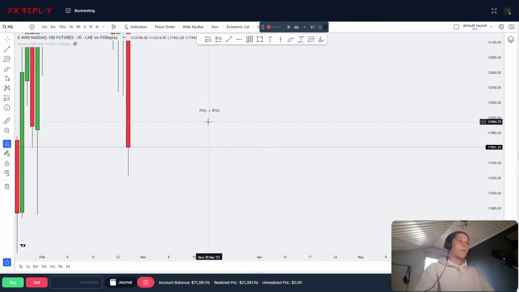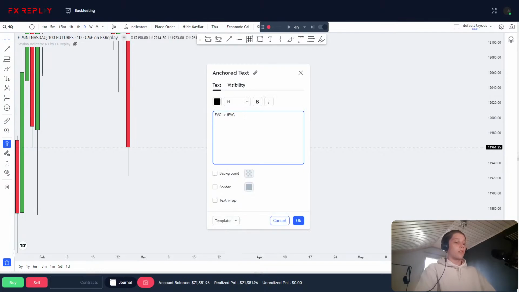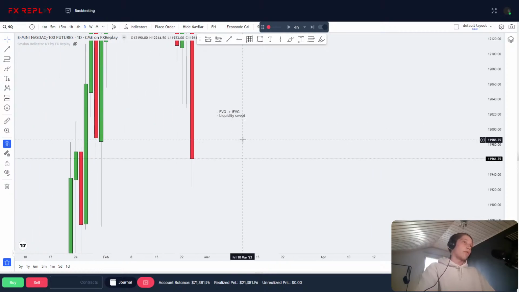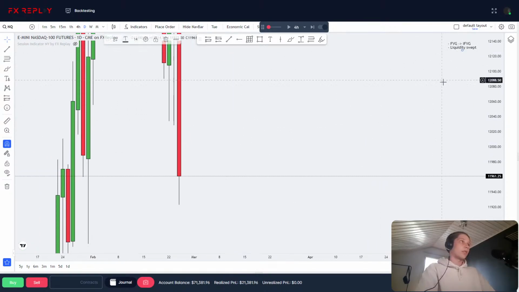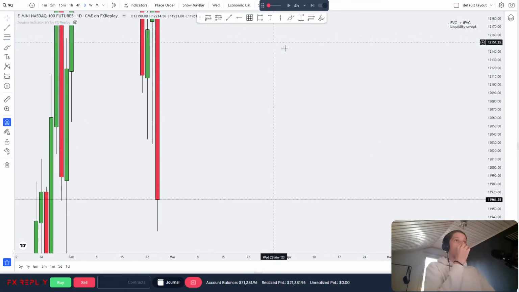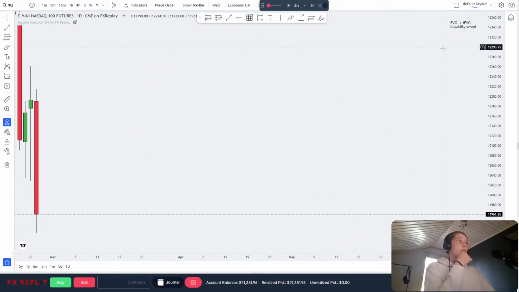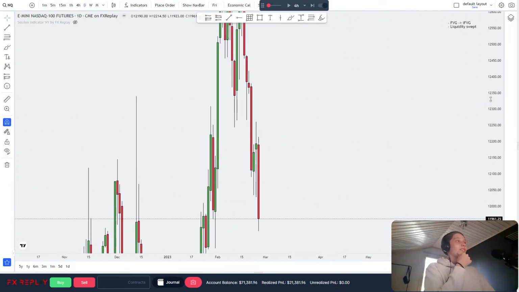This is the basic model that you use. We want to see before our entry, we need to see liquidity swept before we can enter, otherwise the entry is kind of invalid. These are basically the rules.